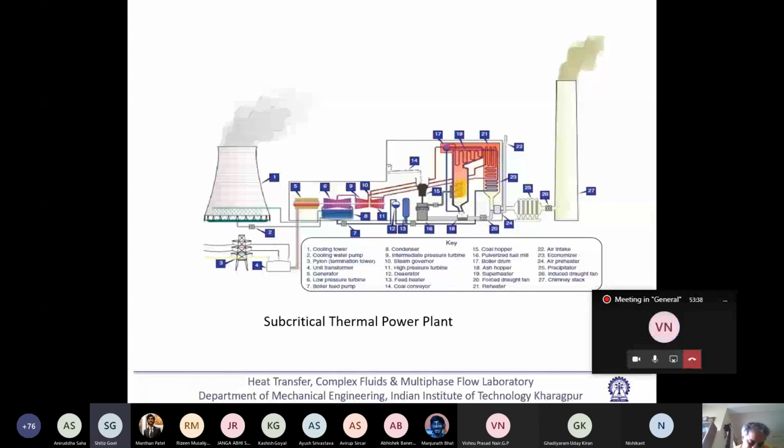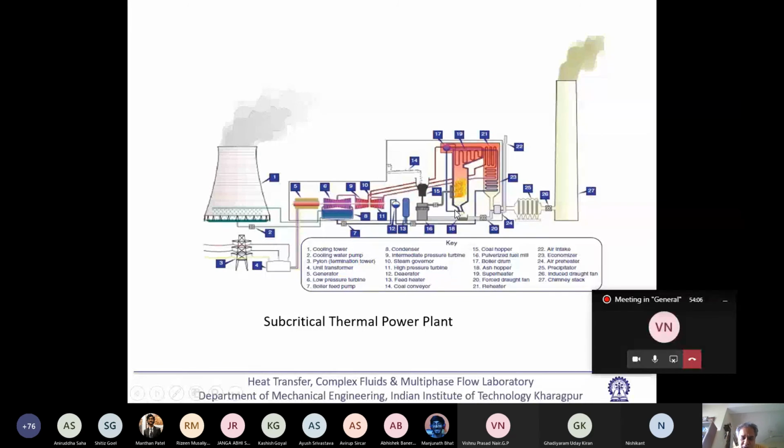Where do we need more temperature? Superheater. So most of the superheaters will be kept here. Actually, there are several superheaters: primary superheater, tertiary superheater, final superheater. So superheaters will be kept here.